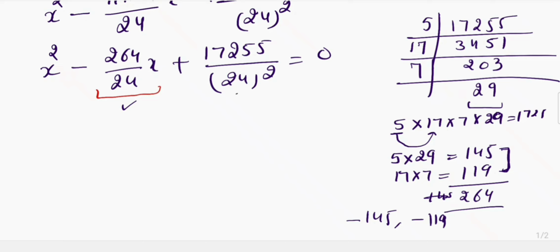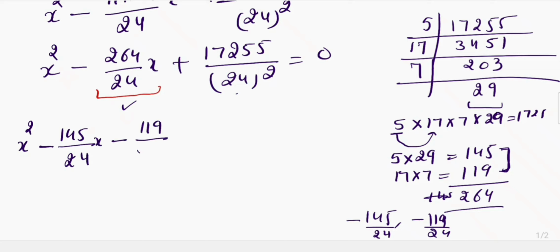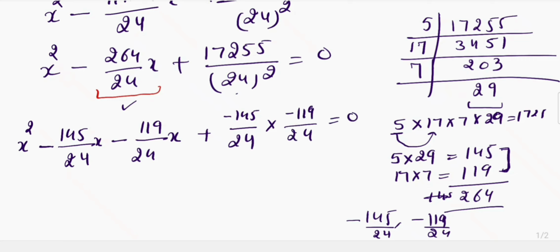Since we have 24, we also divide by 24. So I get x² - (145/24)x - (119/24)x + (145/24)(119/24) = 0.